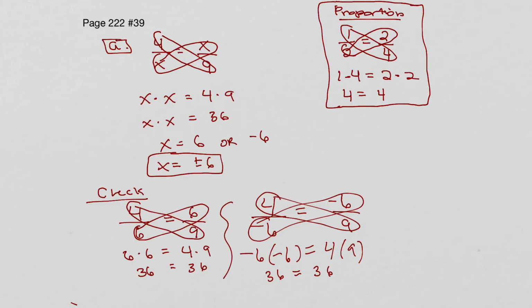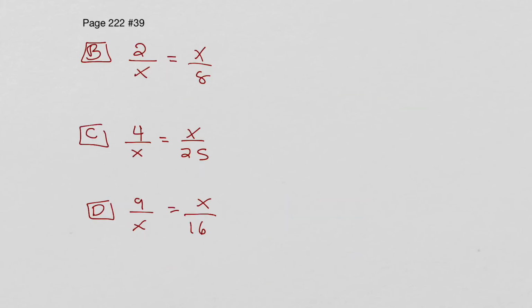Alright, let's look at the next one. The next three are here. We have letters B, C, and D. And I'll just go ahead and give you the answers here. For the first one, the answer is going to be x is equal to positive 4, and it's also equal to -4.